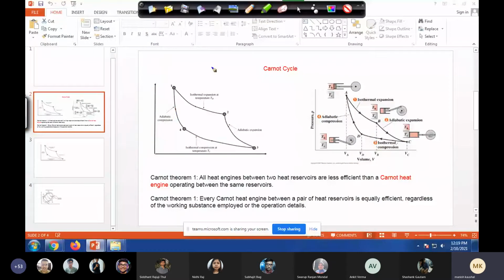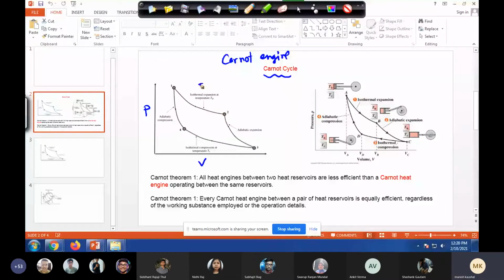So here you can see the Carnot cycle. It's nothing but the Carnot engine, which follows the Carnot cycle. I am very sure you all are aware of the Carnot cycle. If you see the PV diagram, you start from 1 and the gas expands isothermally from 1 to 2. Since the gas is expanding, it is doing some work. And if it's isothermal, to keep the temperature constant, of course you have to provide heat.